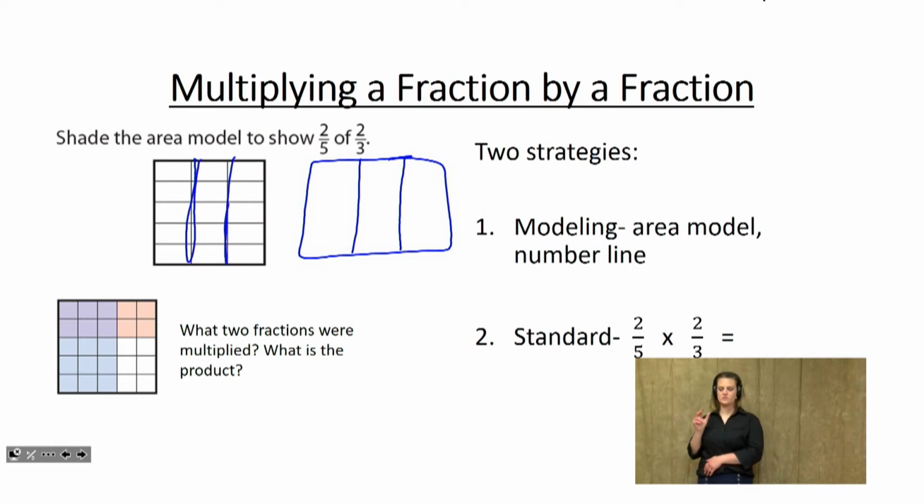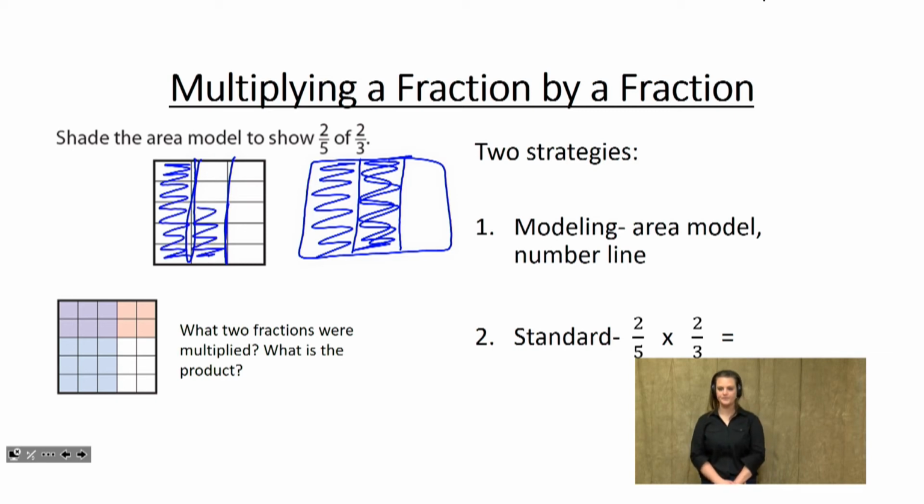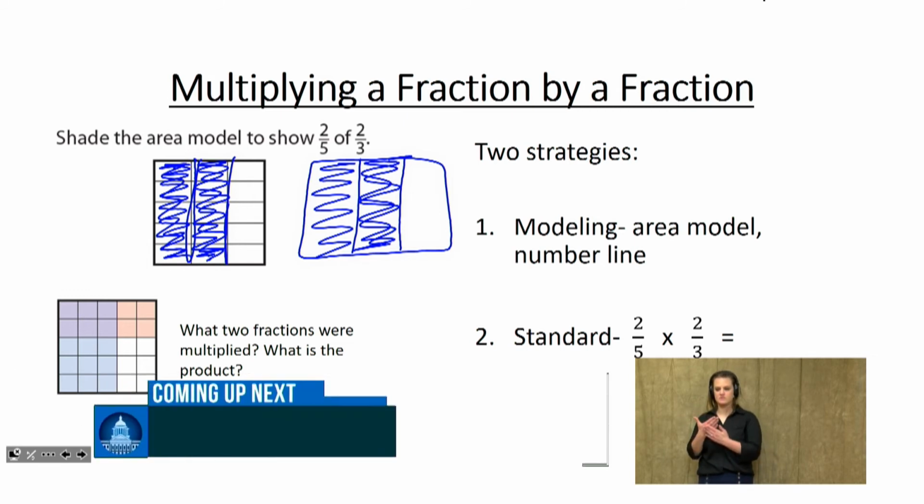There's the thirds. 1, 2, 3. And 2 of those thirds are shaded. So I could shade in 1, 2. And that's what I would do here as well. There they are. There's my 2/3. Does that make sense?